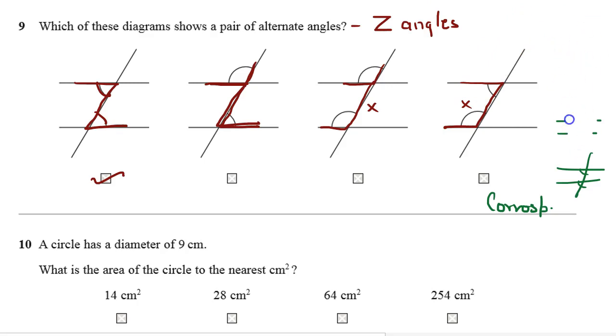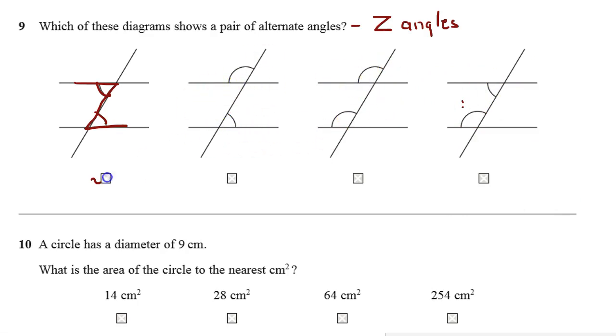Let's clean this and let me tell you which kind of angles these are. These types of angles are called corresponding angles.